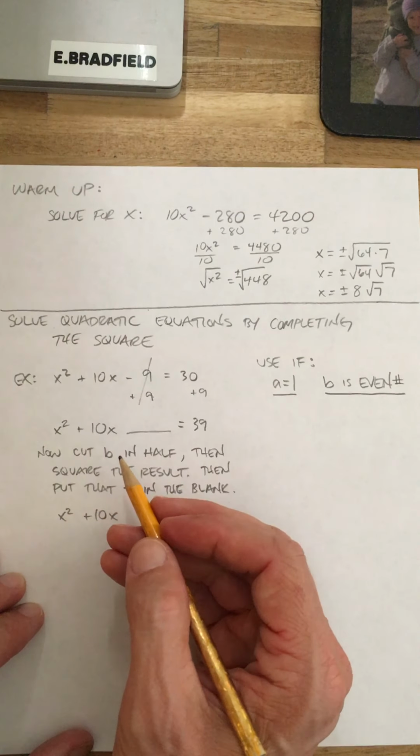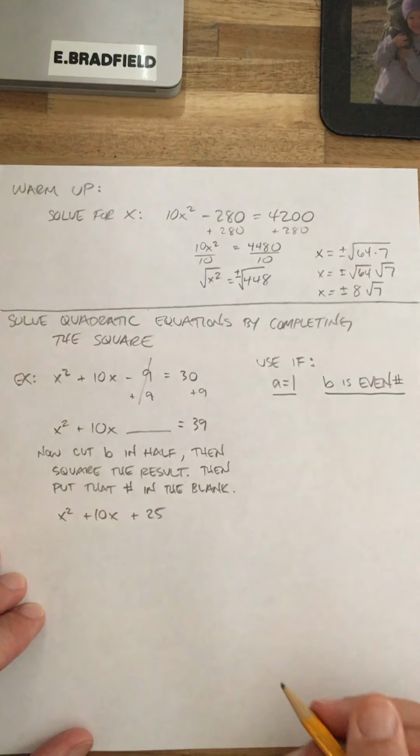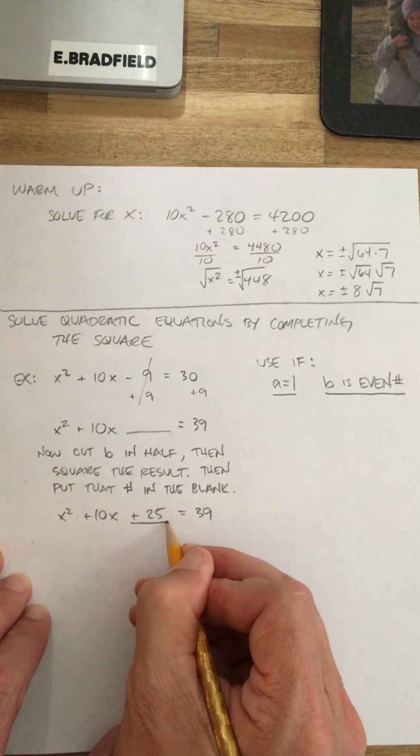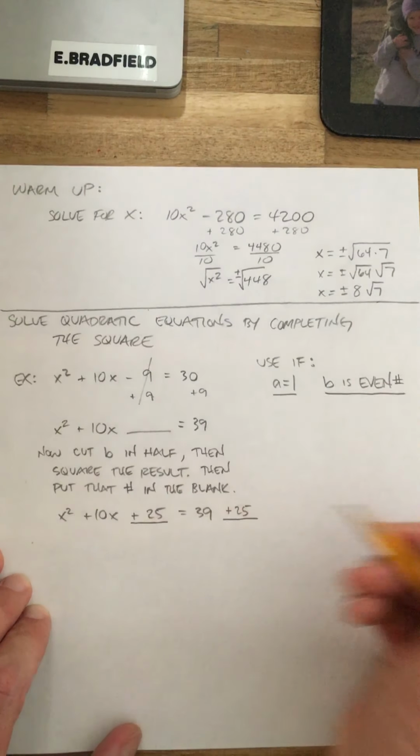Square the 5, we get 25. So we add a positive 25 here, equals 39. And remember, if I add a 25 here, I also have to add a 25 on the other side, so plus 25 here.